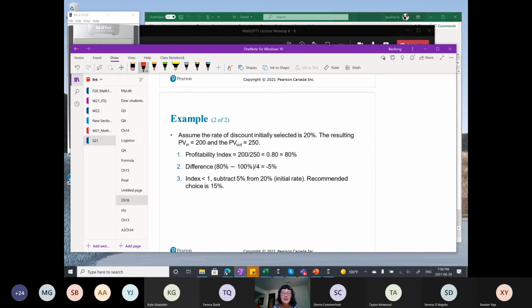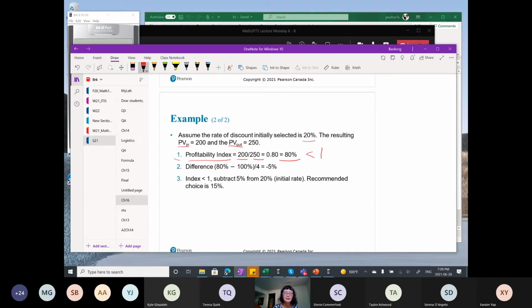Assume the rate of discount initially selected is 20%. The resulting money inflow is 200, money outlay 250. Step 1, calculate profitability index. Money in over money out is the profitability index, and this index is smaller than 1.